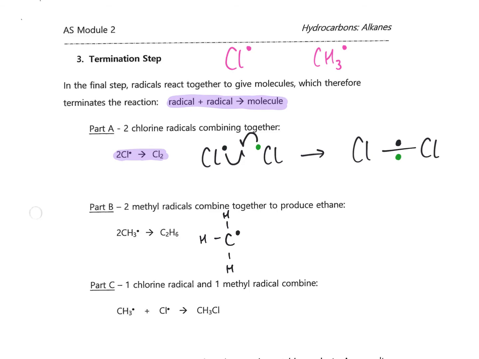So we can draw a methyl radical with a black unpaired electron and a methyl radical with a green unpaired electron, again just to show the movement of the electrons. You wouldn't have to show these as coloured electrons in your exam. So these two electrons come together, single-headed curly arrow from the black electron, single-headed curly arrow from the green electron to show those coming together, forming a covalent bond.